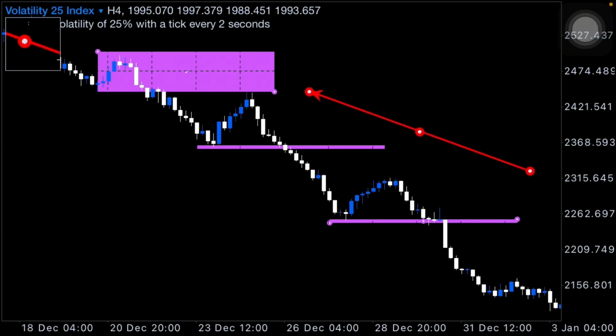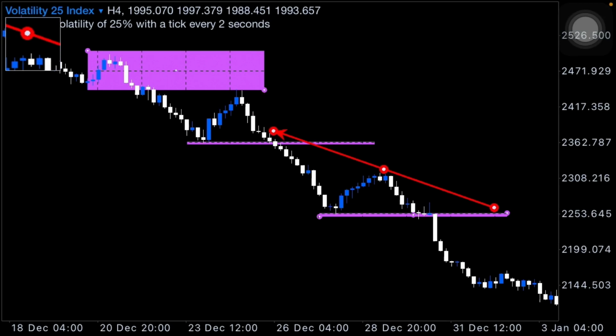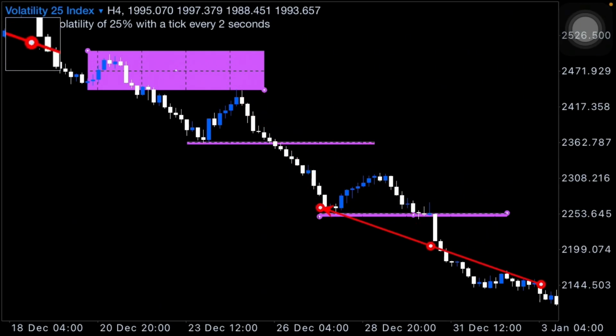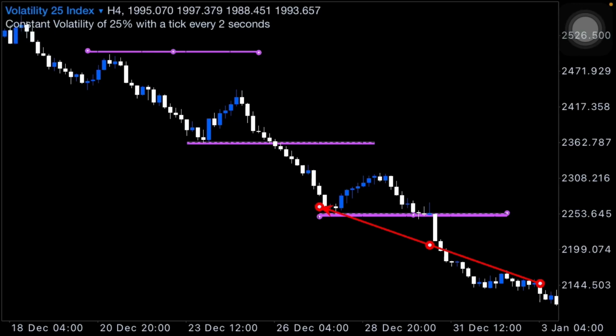Okay, so you see that price retraces back after touching that order block. Then the second impulsive wave happened. That is why I didn't regard that particular high as a high. Okay, so this is it. You now know impulsive moves and corrective moves.